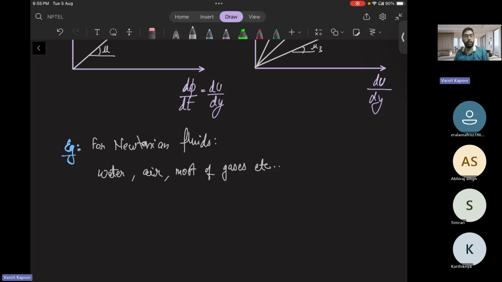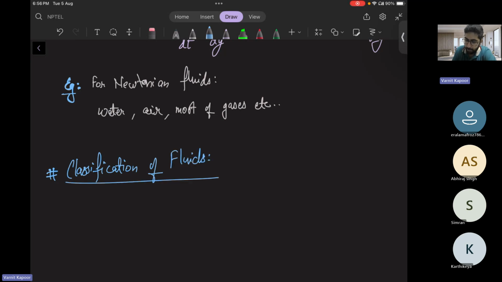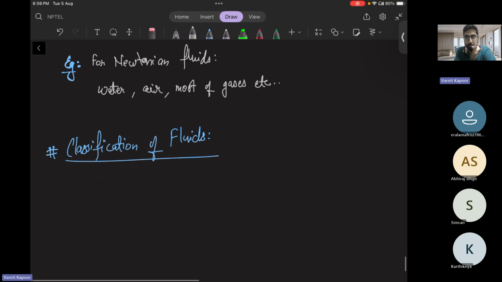Now the question comes: classification of fluids. How many kinds of fluids can there be? How can fluids be classified? First is Newtonian and the other is non-Newtonian.